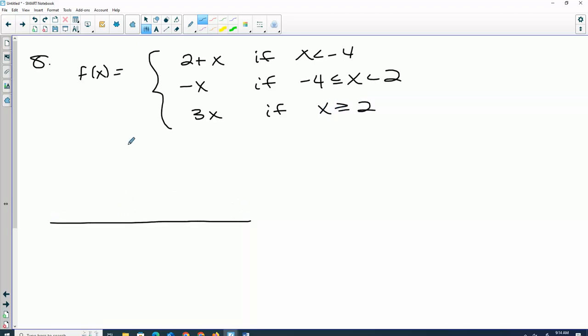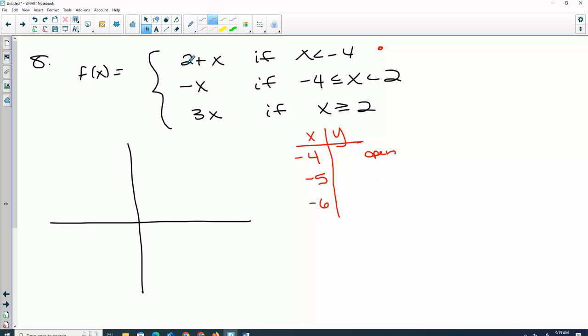So this time, we need 3 t-charts. First one, what's the first number you have to plug in? -4, and is it open or closed? Open because it doesn't have an equal to. And then the other numbers I plug in are less than.